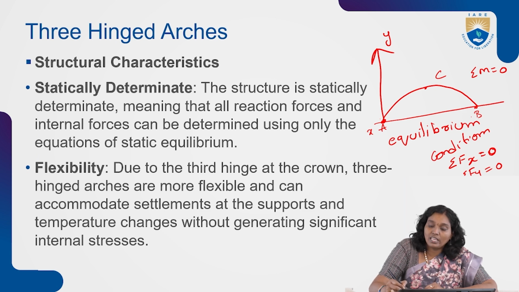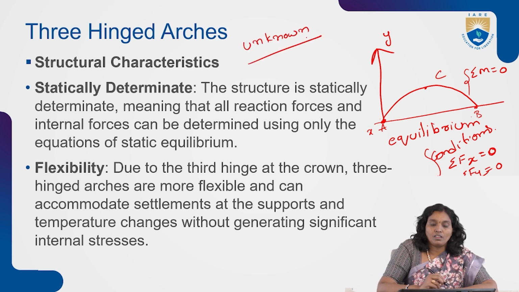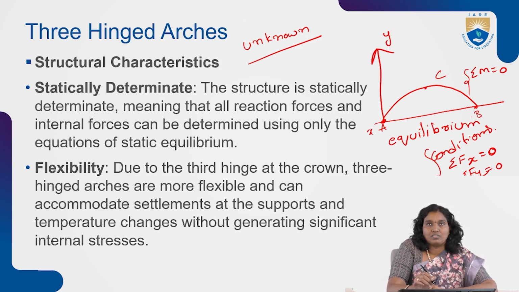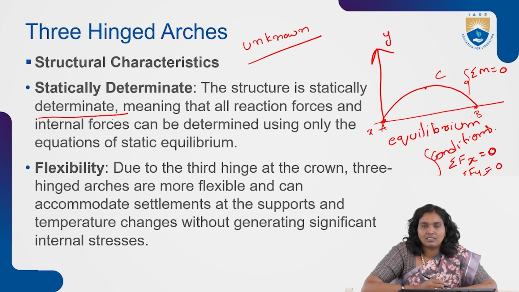According to the equilibrium conditions, we find out the unknowns present in that particular element. If using these equilibrium equations is enough, such type of structure is nothing but statically determinate.